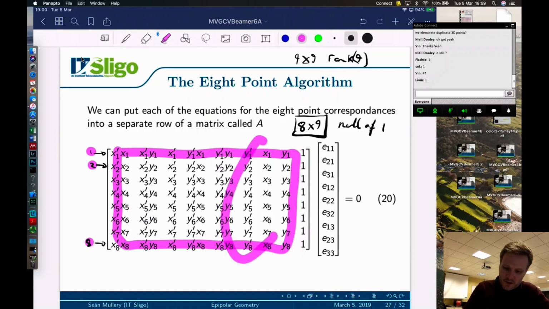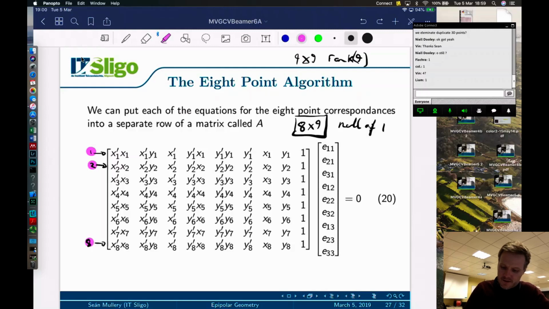And what we're hoping is that that vector is this one here. In fact, that's what we're specifying here. We're saying that this is the only vector in a 9-dimensional space that will map to 0, apart from if this was all zeros. Okay, that would also map to 0. So that's what we mean by the null space.